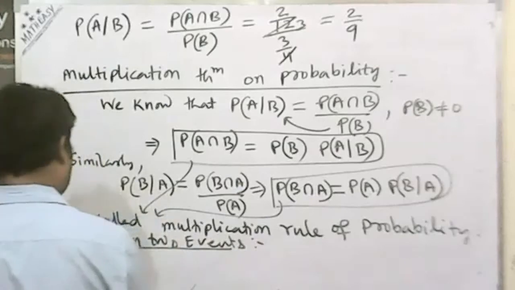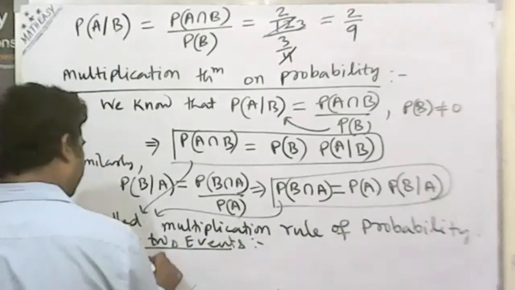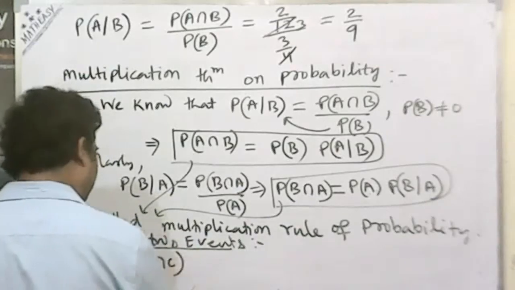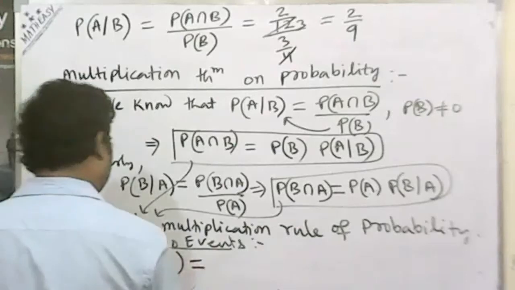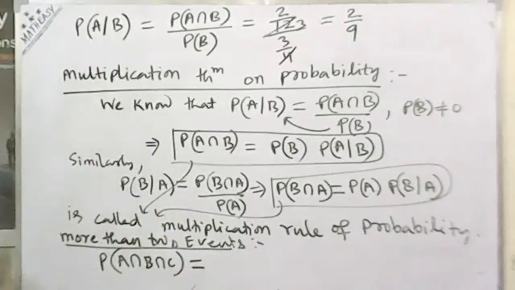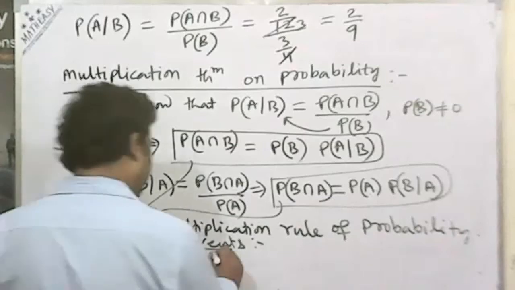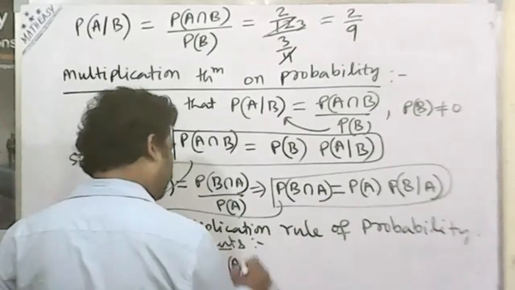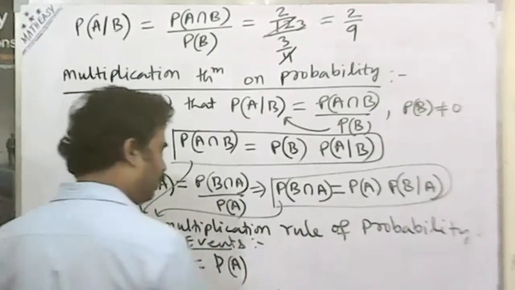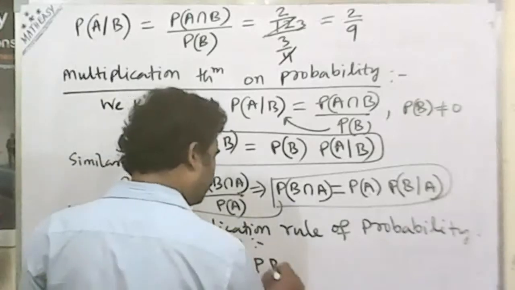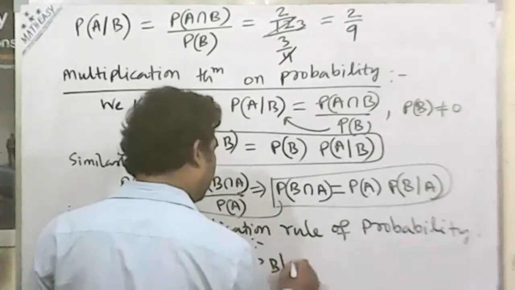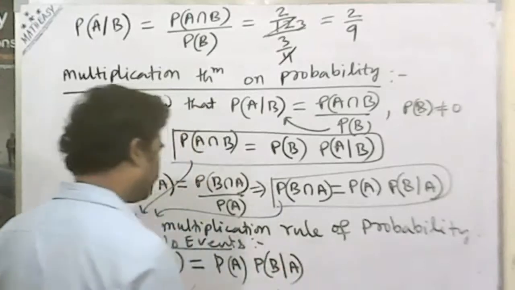Just like you say, A is an event, B is an event, C is an event. Then A intersection B intersection C is equal to probability of A. Suppose you have to find out first A, then probability of A. Then you want to find out B, that is, A is the condition here.